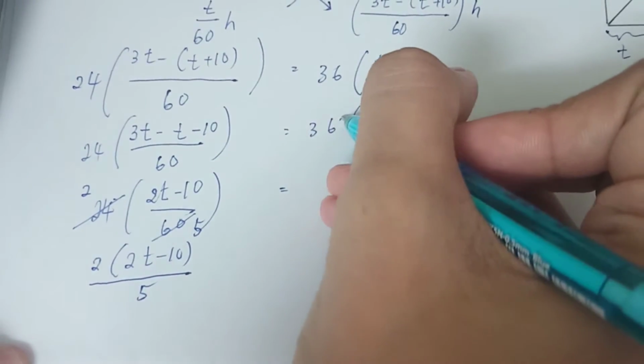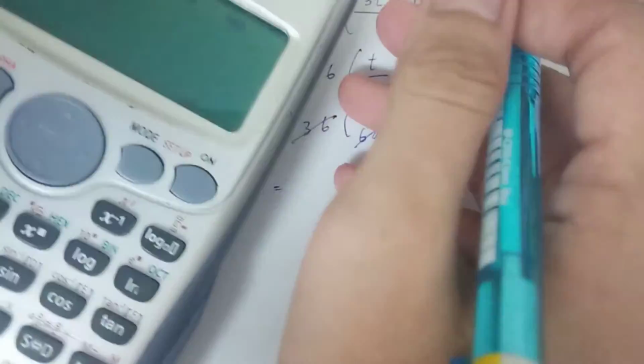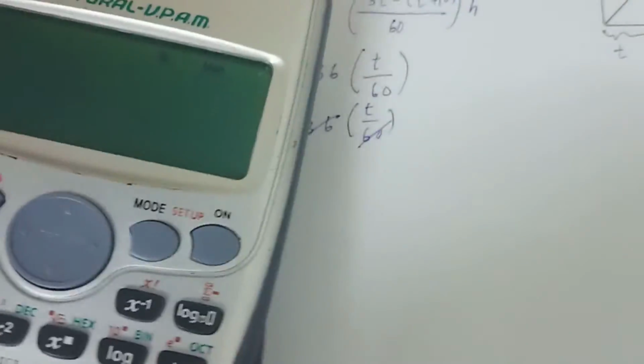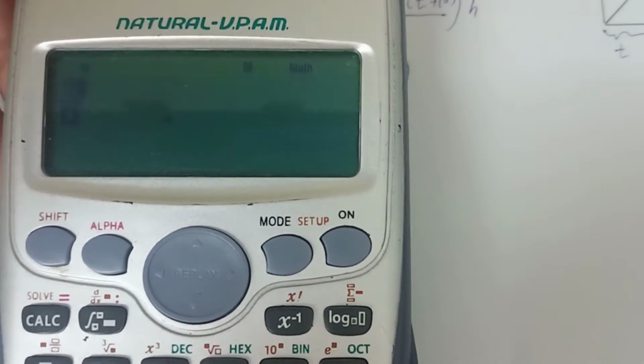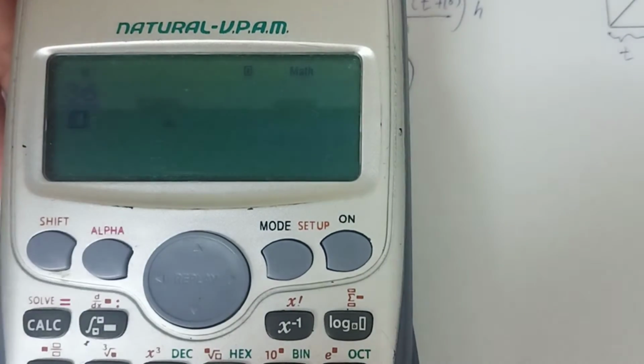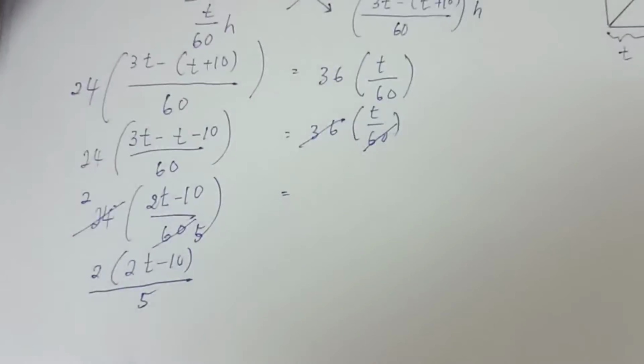So 36, you can cancel with 60. The same thing: press the fraction and then 36 over 60. You get your answer, 3 over 5.